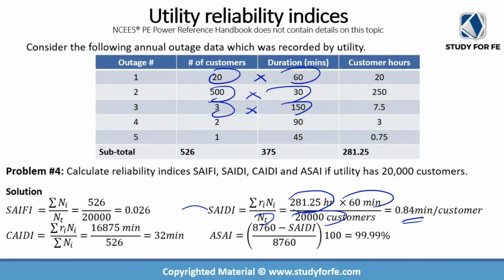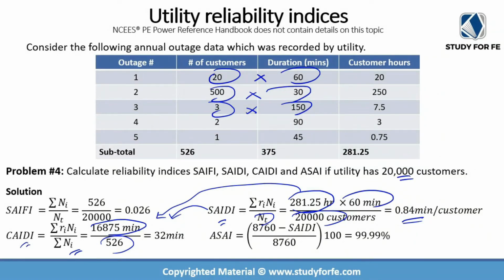CAIDI is very similar to SAIDI, and over here we are dividing the same number that we got in the numerator, which is 16,875 minutes, by the total number of customers that are impacted. So the only difference is that in the denominator for CAIDI we have the total number of customers impacted, while in SAIDI the denominator contains the total number of customers served.